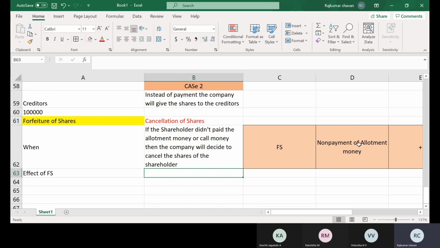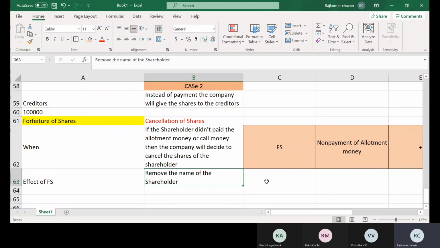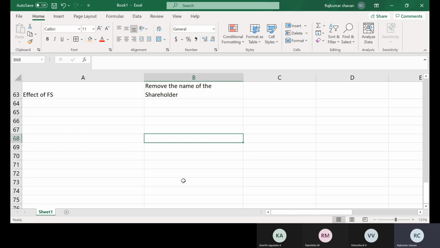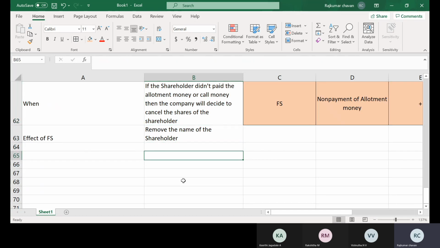First of all, they will cancel and remove the name of the shareholder. That is the effect of forfeiture of shares.